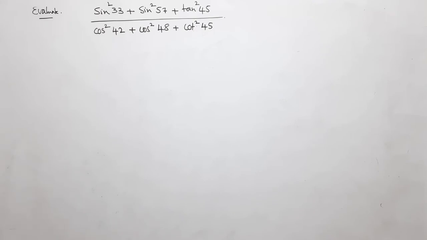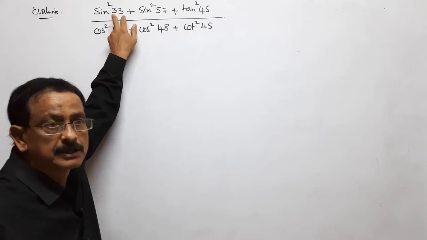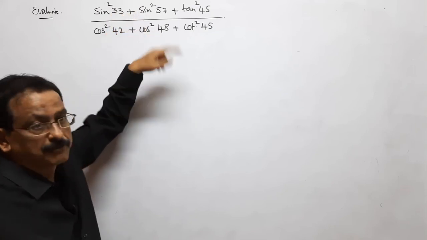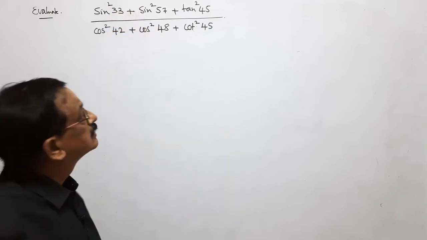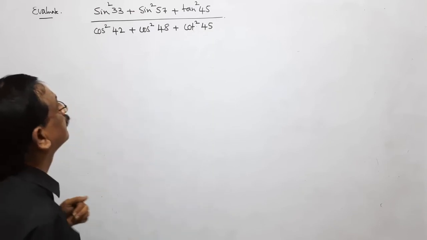Let us see, these are not the known angles. I mean, in the sense, we know only 45, 60, 90 and 30. We don't know the values, but how can we evaluate this?